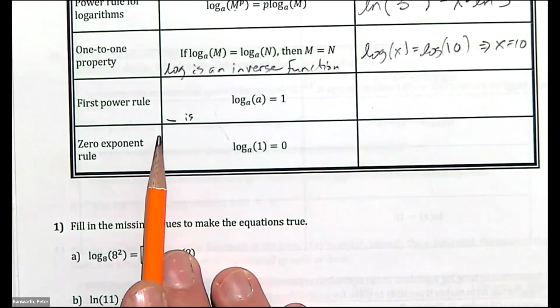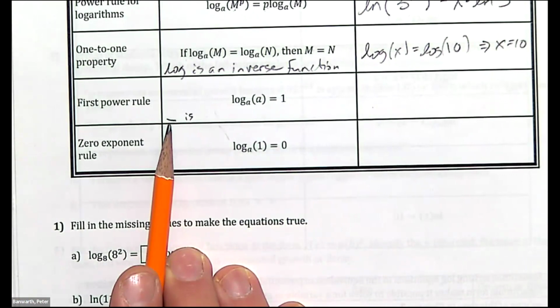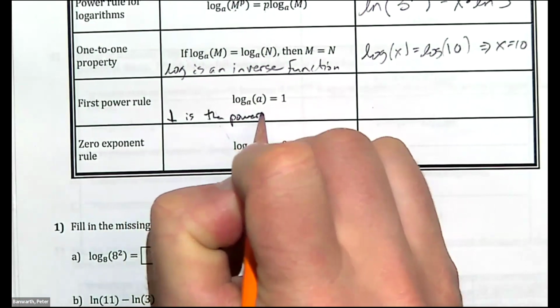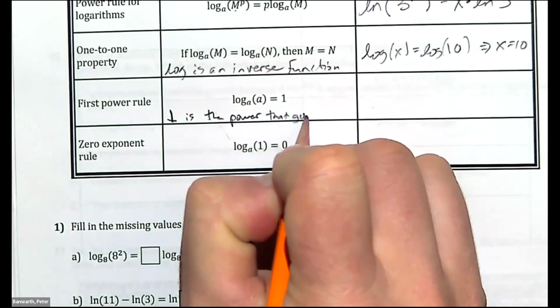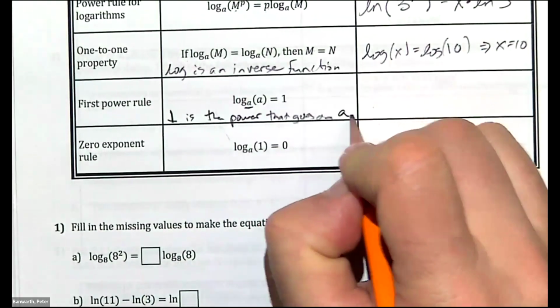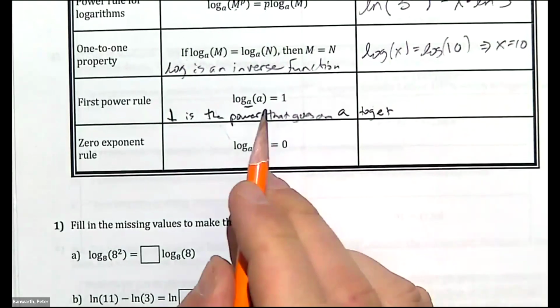All right. What goes in this first blank? 1 is the power that goes on A, that's this little a, to get that a.